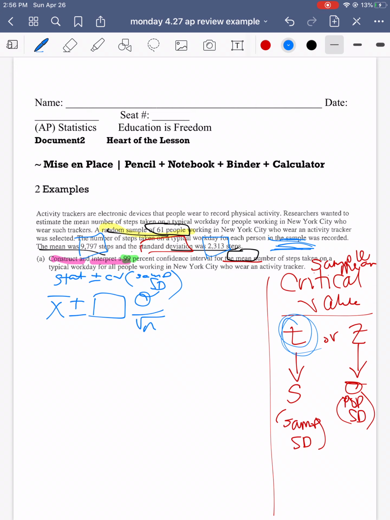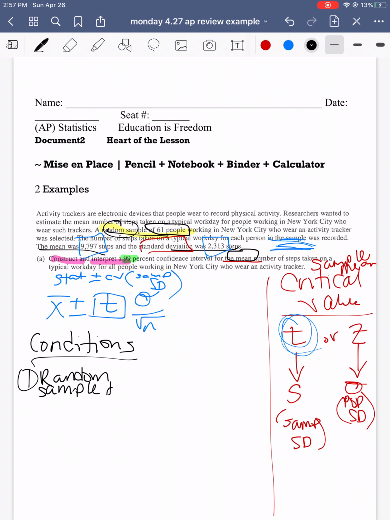So, now that we've determined what formula we're going to use, let's make sure that we can actually perform the formula. So let's go ahead and do our conditions here. The first condition, randomness. This says a random sample was collected, so random sample taken.